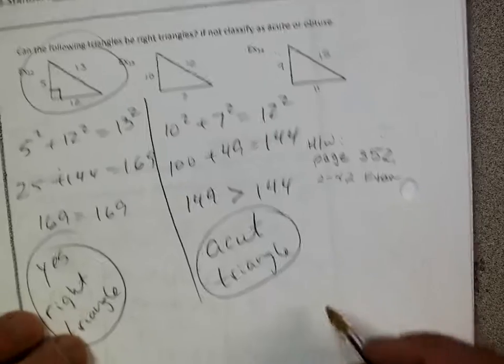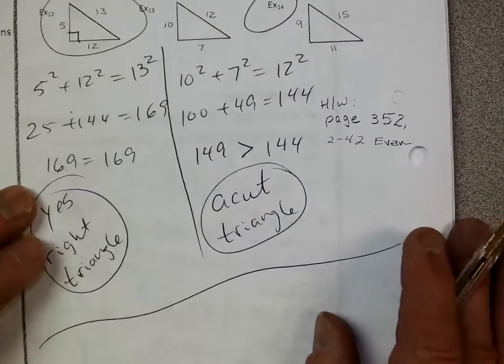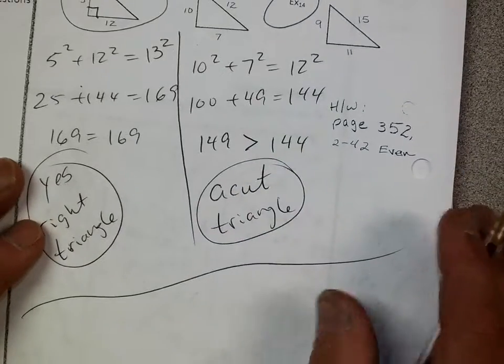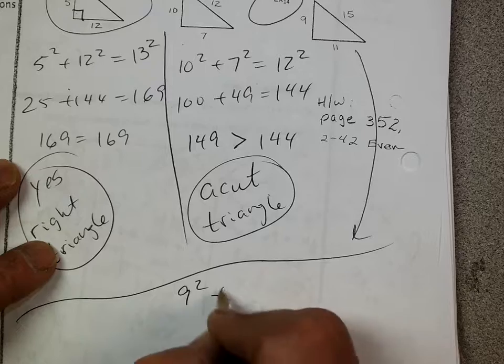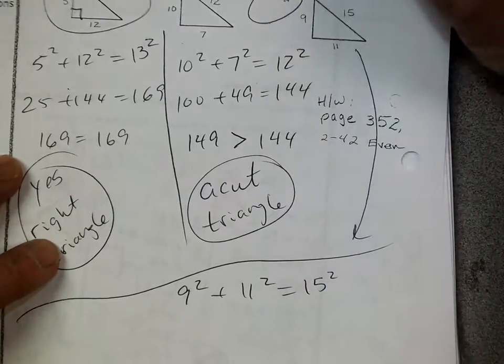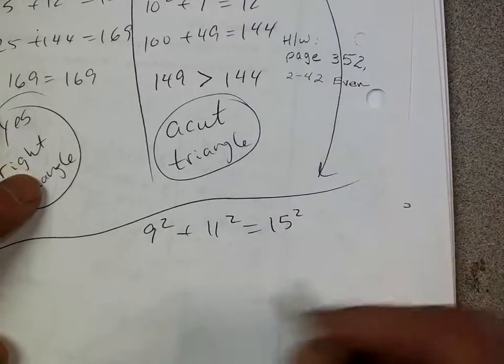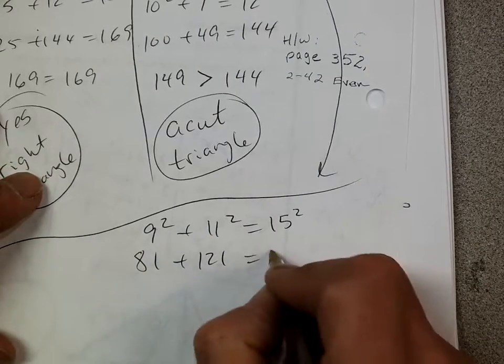And then finally, we'll do number 14 down here, which you probably can already guess. I'll leave that one down here because I'm running out of room. I'll go 9 squared plus 11 squared equals 15 squared. 81 plus 121 equals 250.